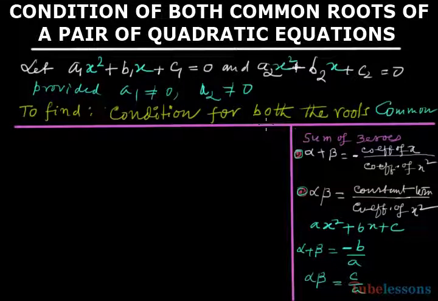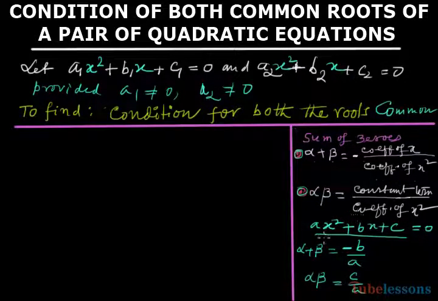Before we start, we first recall the sum of the roots of a quadratic equation ax square plus bx plus c equals 0. If alpha and beta are the roots, then alpha plus beta equals minus the coefficient of x by the coefficient of x square.